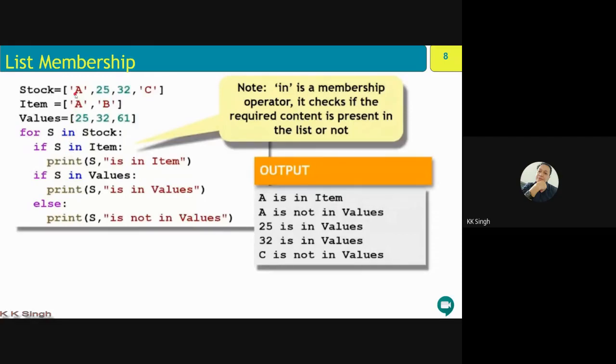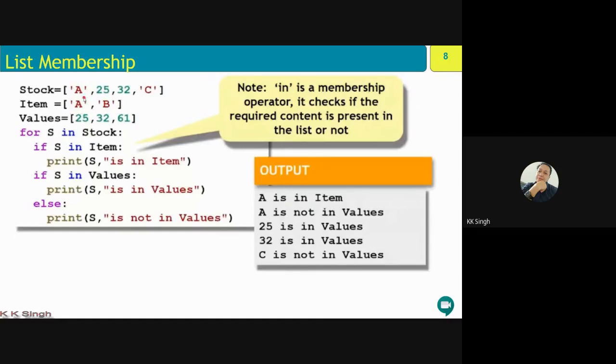The first value of stock is A, and it is very well available in the item list, so it will print S, meaning A is in item.